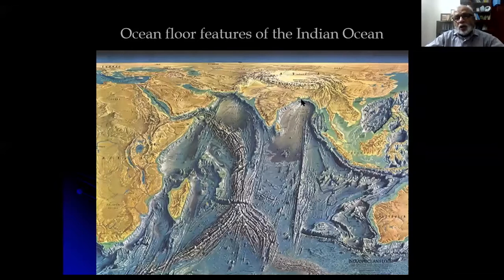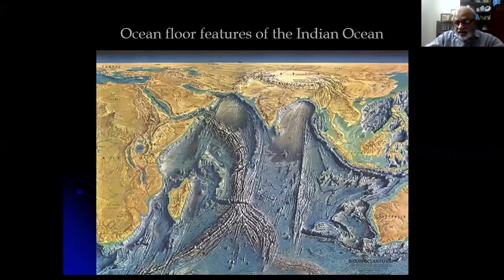We call it the GBM, Ganges Brahmaputra Meghna Delta, which has formed, and the sediments coming through this region are depositing in the basin in the Bay of Bengal and forming a delta.